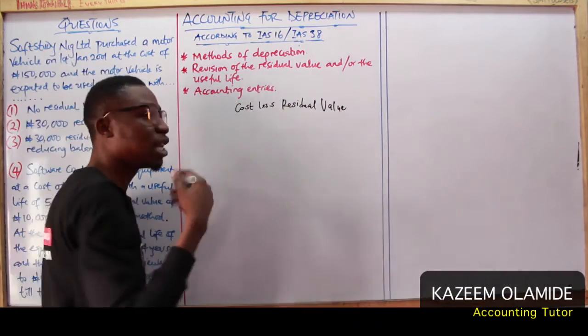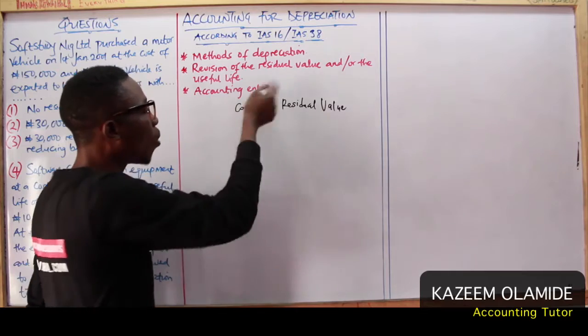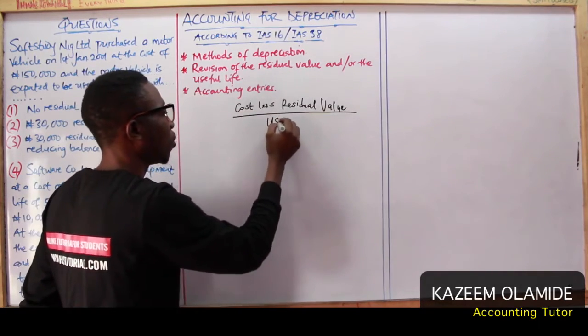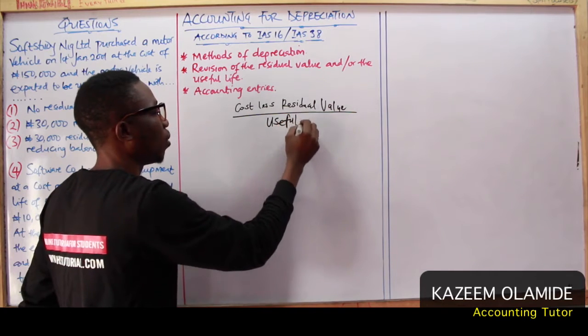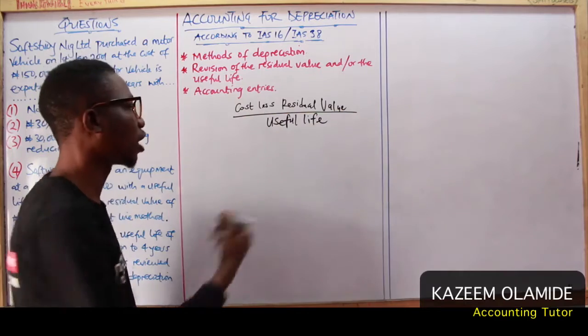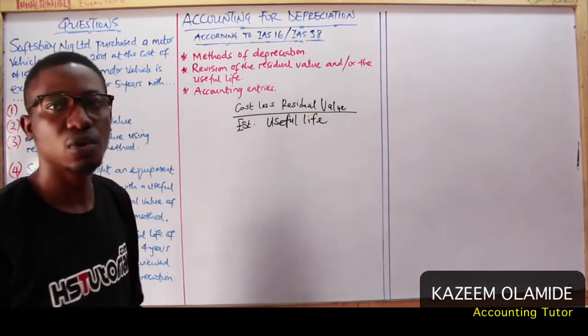So the definition says cost less residual value, then over what? Over its useful life. Instead of writing useful life, you can also say estimated useful life.